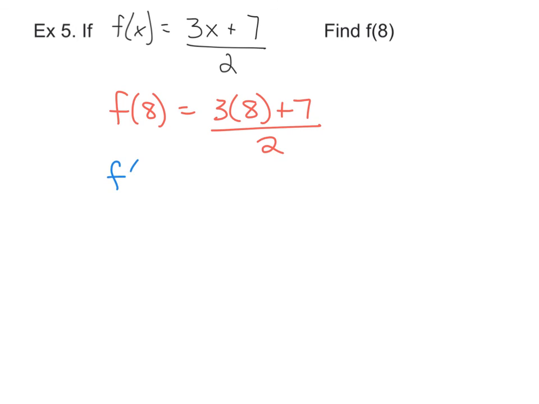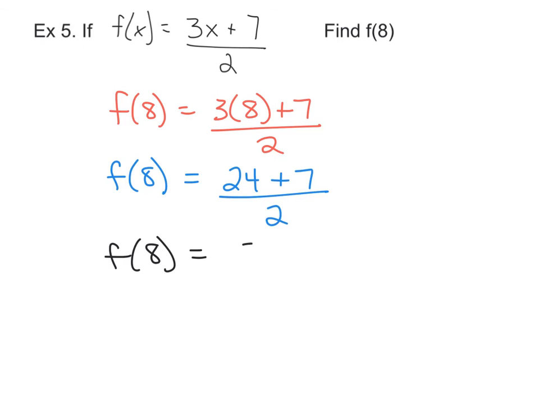Again, keep working through your problem. 3 times 8 is 24 plus 7 divided by 2. f of 8 thus equals 31 divided by 2. No big deal. Leave it as a fraction. You could change it to a decimal if you ever so desire. But if you were writing it then as an ordered pair, you'd say, hey, whenever I plug in an 8 for an x, I get a 31 over 2 for my y. That's just the way it works for this problem. Good.